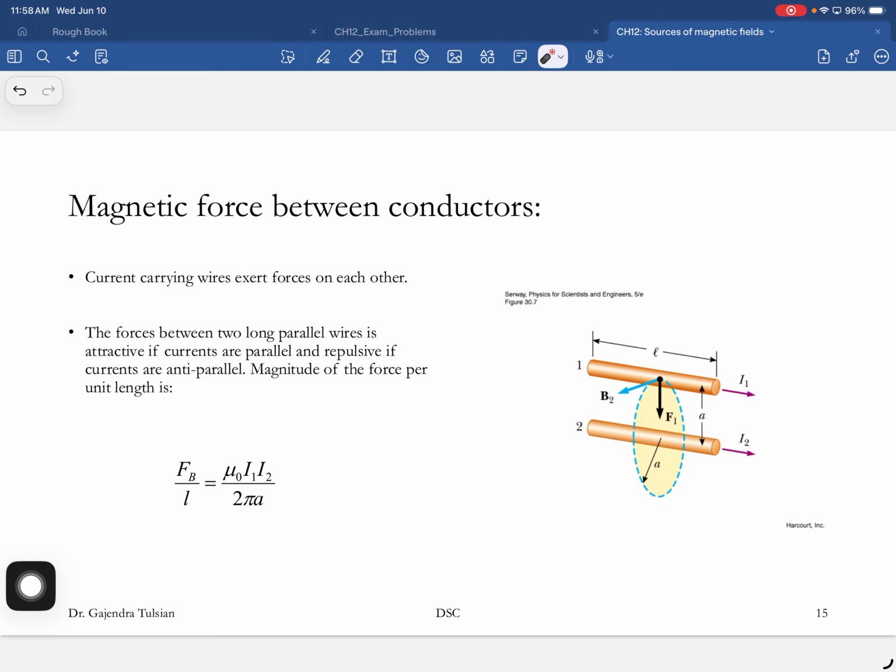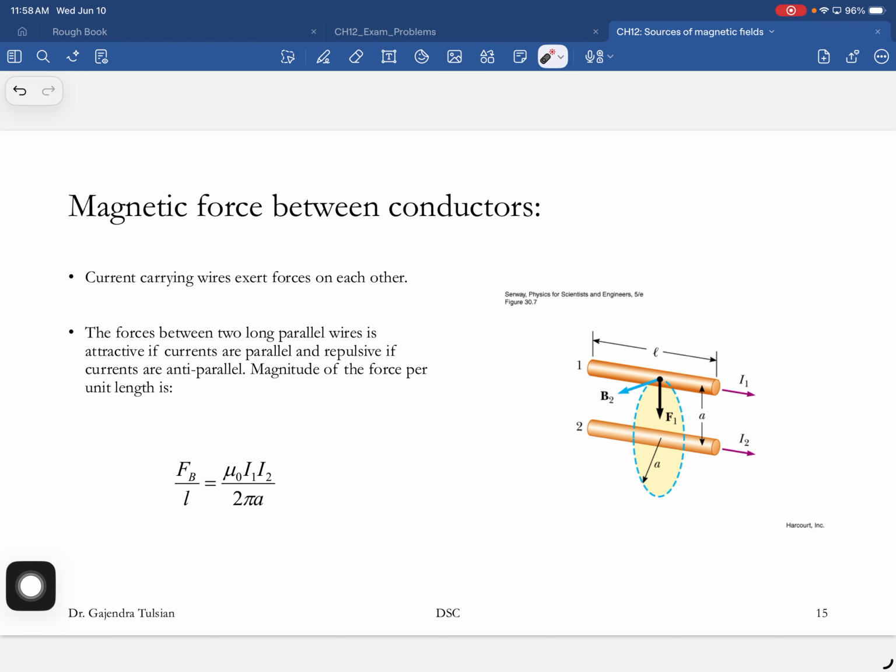How about these? These will attract each other as well. These will repel each other. But I can't give you an expression for this. The force of attraction, I can give you an expression for this. Again, it's some integral that you can do only in very specific cases.